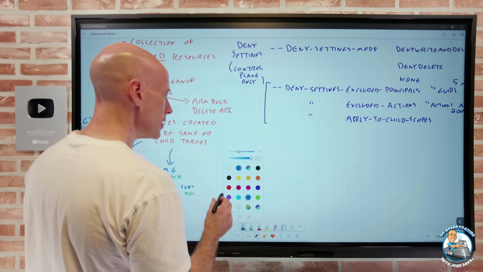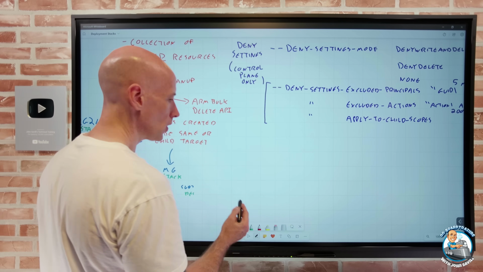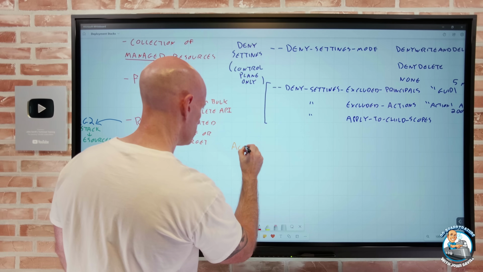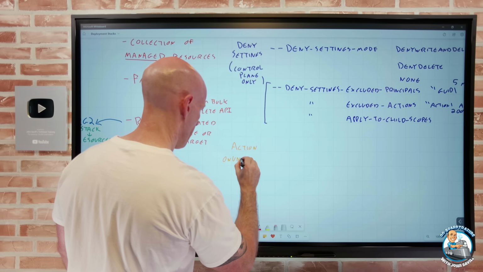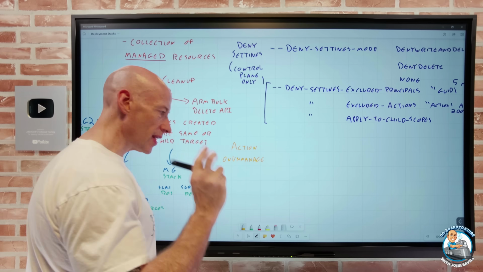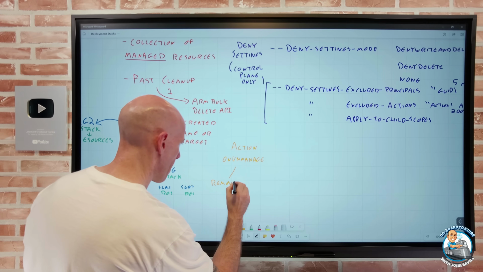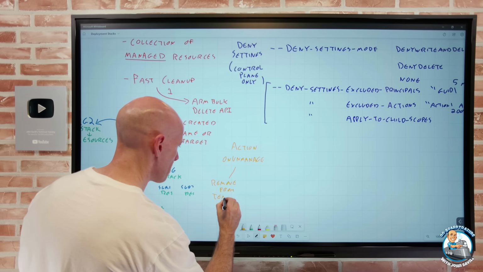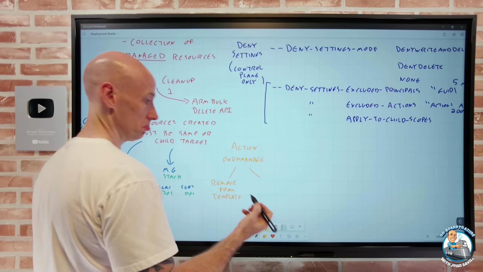So the next thing I have a concept of is this idea of action on unmanage. And once again, that could be one of two things. I could remove that particular resource from the template and then rerun the stack command, or I just delete the stack.